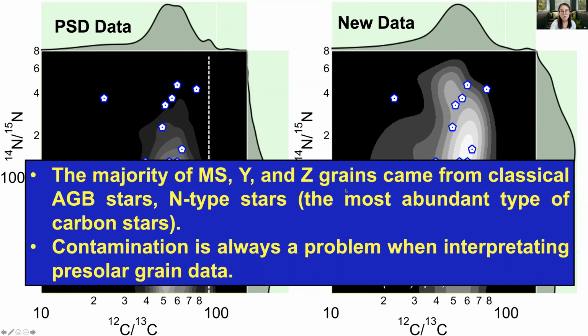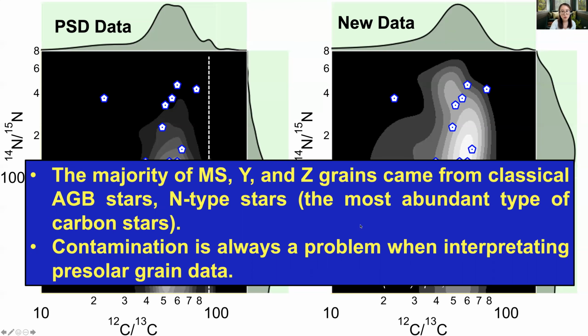This is further corroborated by their similar populations, because these three types of silicon carbide grains dominate in the pre-solar silicon carbide population, while N-type carbon stars are the most abundant type of carbon stars. So we expect most silicon carbide grains came from N-type carbon stars, and this is what we observed.